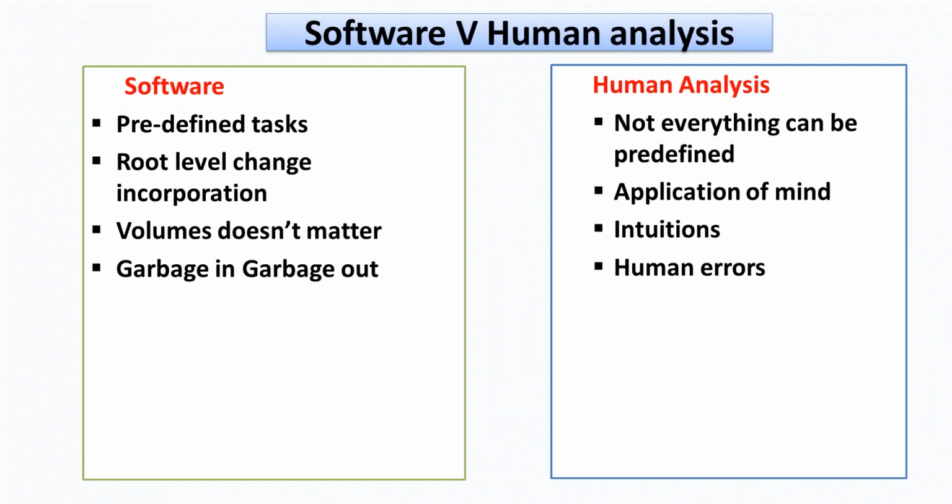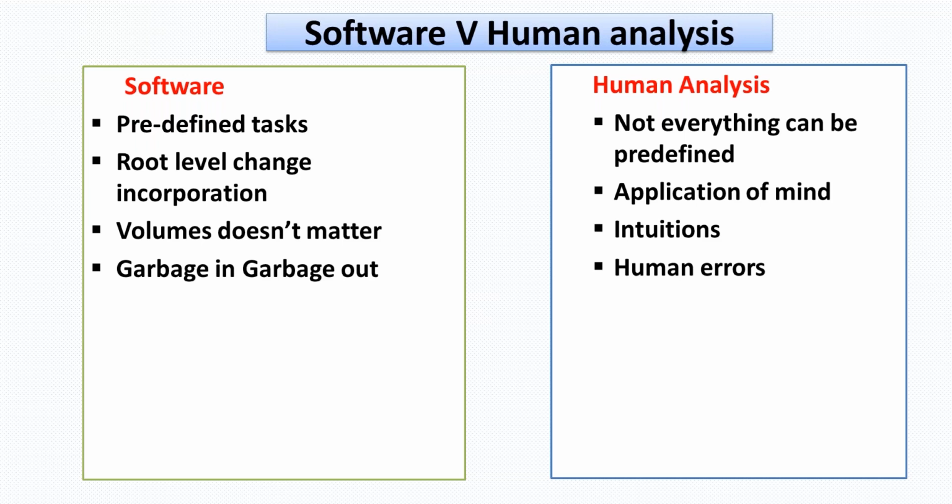Now, coming to the human analysis part, as I said, not everything can be predefined. Some of the things are intuitive, or we call it a sixth sense, or the skills which we develop over experience. I'm sure there is artificial intelligence coming over, robotic accounting automation, bots coming in. There are quite sophisticated tools being developed which can imitate the human brain to a great extent.